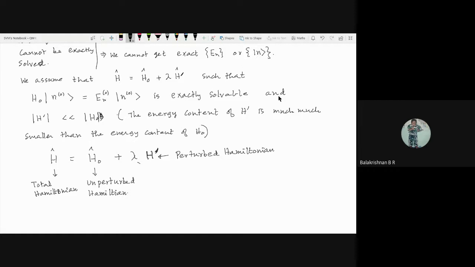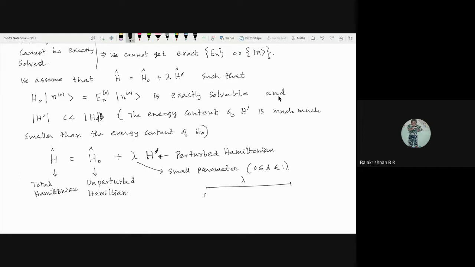And this lambda you call a small parameter. What is the use of this small parameter? This lambda usually varies between 0 and 1.